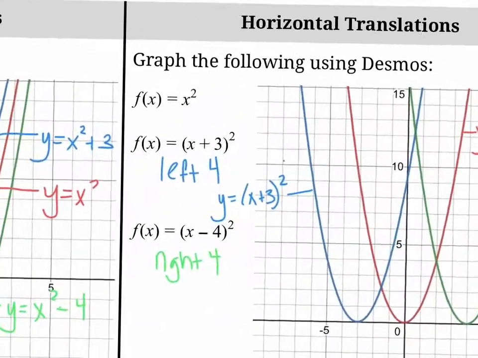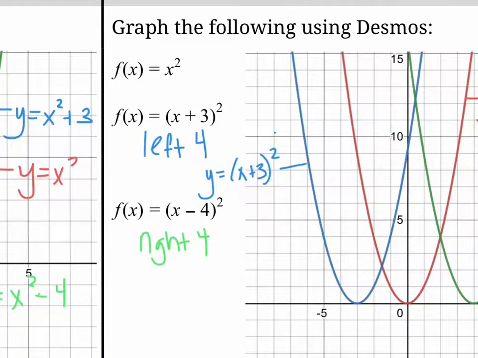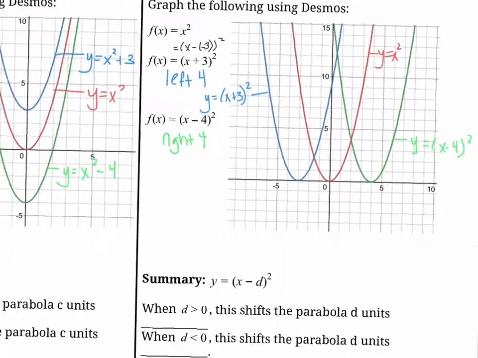So let's just rearrange this a little bit just so that we can see what this would be. So this would be x. If I put a negative sign there, then I got to make this -3. And then these are equivalent, right? Because -(-3) is +3. So back to here.